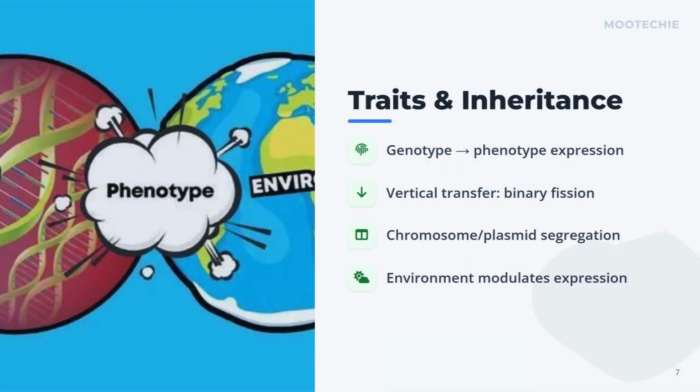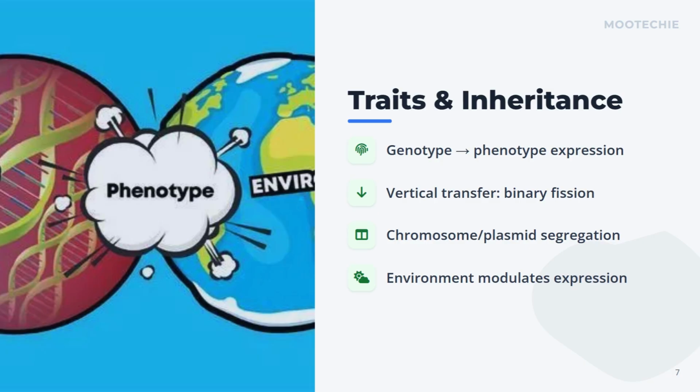Traits and inheritance. This slide connects the genetic code to the physical and functional traits we can see. Genotype-phenotype expression. The genetic sequence or genotype dictates the physical and functional traits, the phenotype, that we can see. Vertical transfer. Binary fission is the primary method where a parent cell splits into two genetically identical daughter cells.